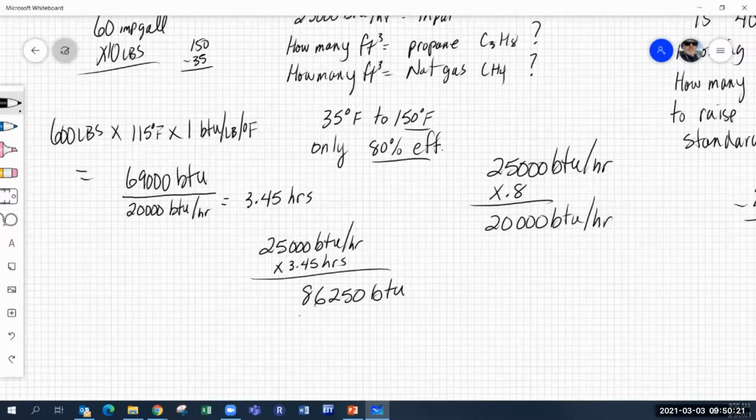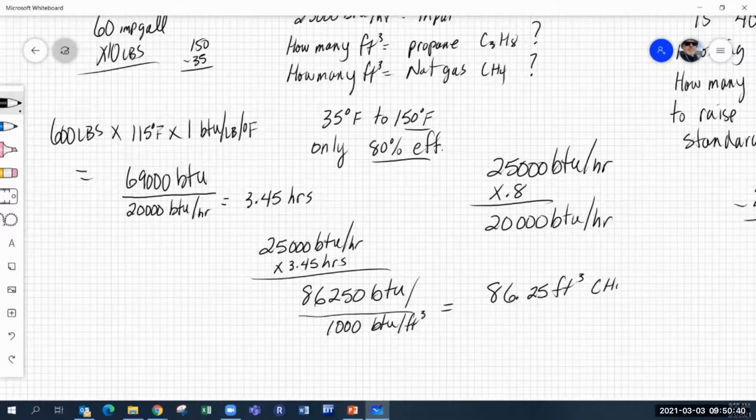And if I want to find out how many cubic feet of natural gas that is, divide by the calorific value of nat gas, 86.25 cubic feet of CH4. And I could do the same number, 86,250, and divide it by 2,500.